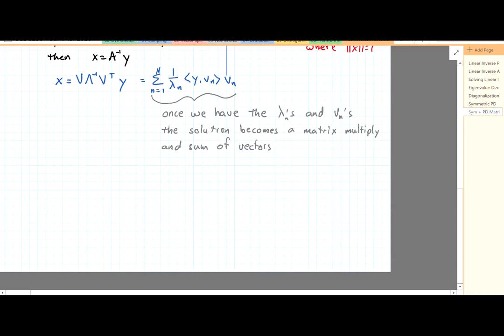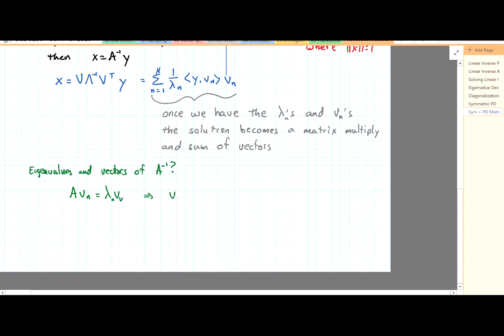Before I check out, one last thing. What are the eigenvalues of A inverse, and what are the eigenvectors? Well, if A inverse exists and it's symmetric positive definite, and in fact we don't even have to go that far, but as long as it exists, we have A times vn is equal to lambda n vn.